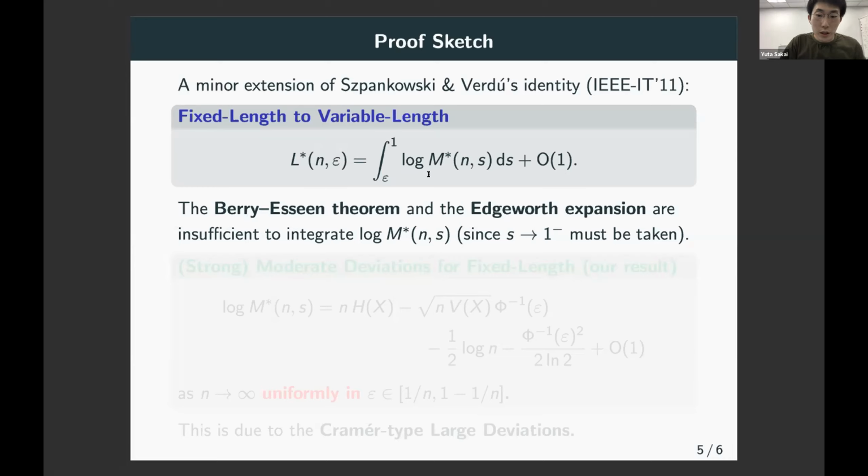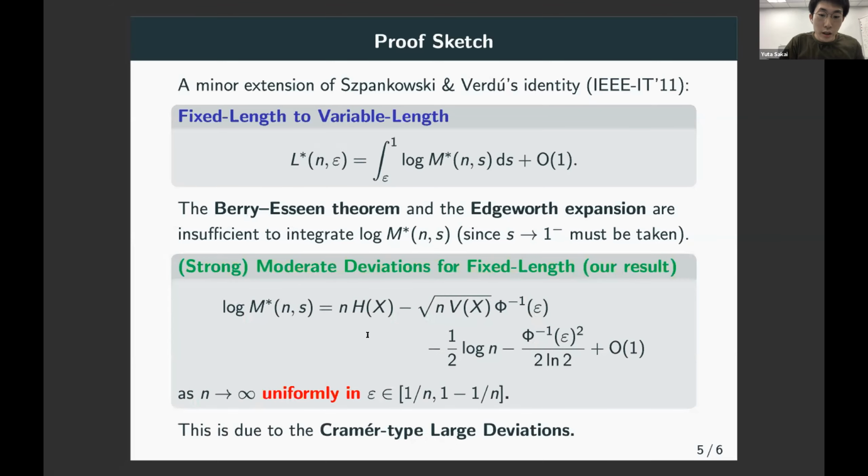But if we estimate this log M star by the Berry-Esseen theorem or the Edgeworth expansion, it is insufficient to obtain the third order asymptotics of this L star, because we want to consider the neighborhood of 1, but we cannot get the desired result because this central limit theorem gives only the non-vanishing error probabilities.